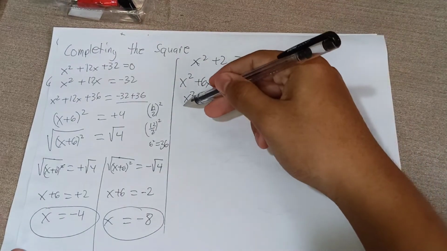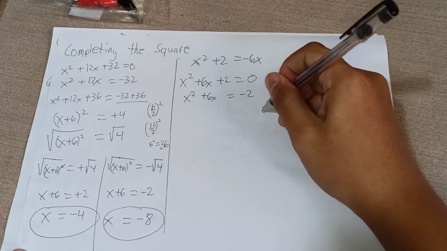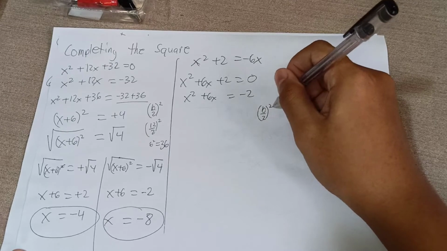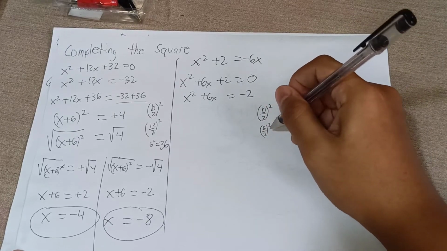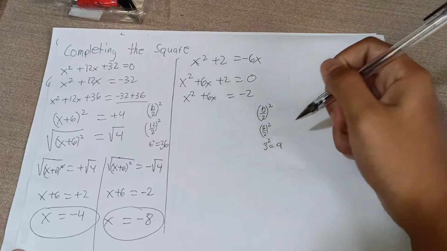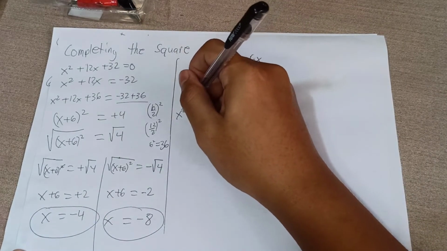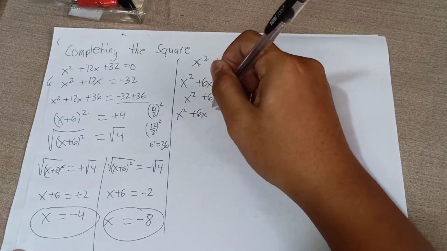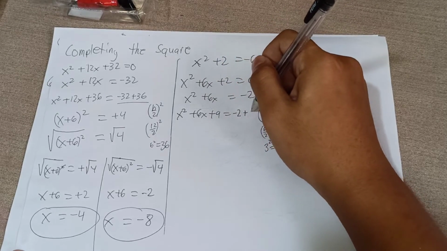Now, to make it a perfect square trinomial, we use the formula b over 2 squared. So 6 over 2 squared is 3 squared, meaning it is 9. So we add 9 to both sides. x squared plus 6x plus 9 equals negative 2 plus 9.